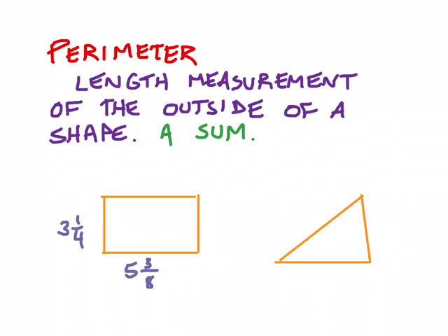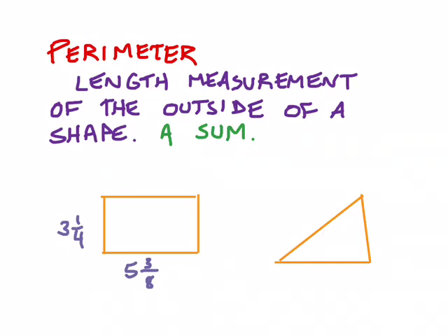Let's say for a second that I want to find the perimeter of this rectangle here, and I can tell that one side is 3 1/4 and one side is 5 3/8. Sometimes students make the mistake of thinking they can't figure out the perimeter from the information they have, but if you're looking at a rectangle, it's important to remember those rectangle qualities where opposite sides will have the same length. The same thing would be true for, say, a rhombus or a parallelogram generally.